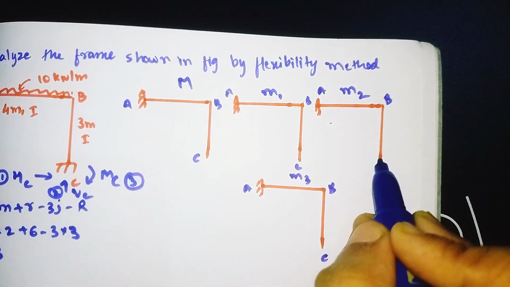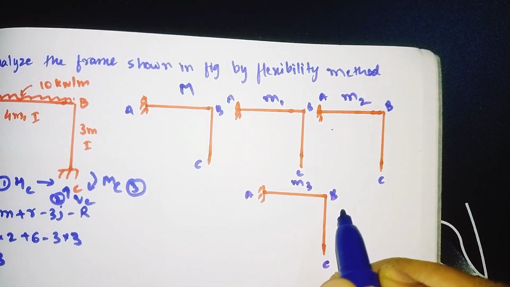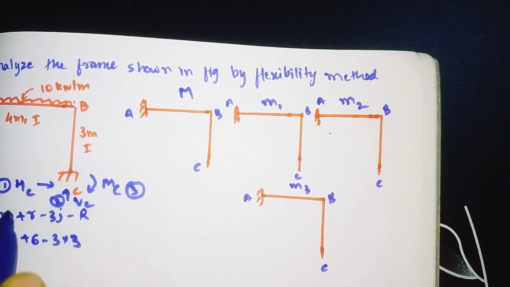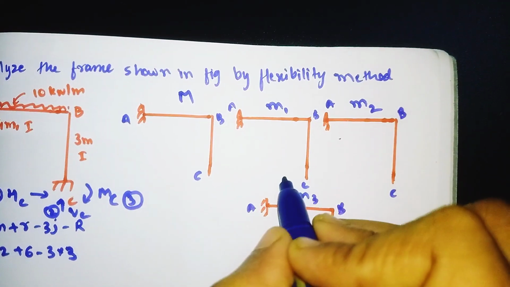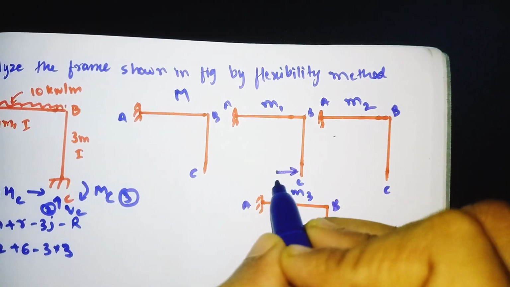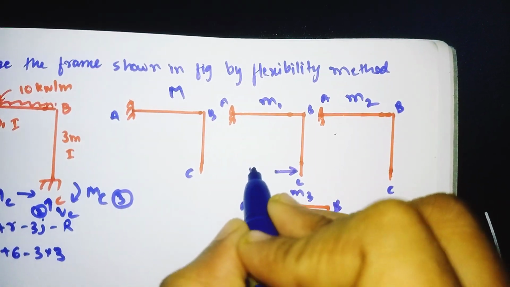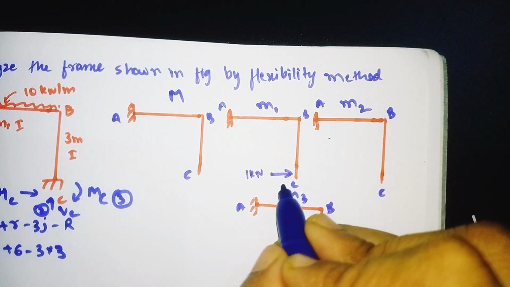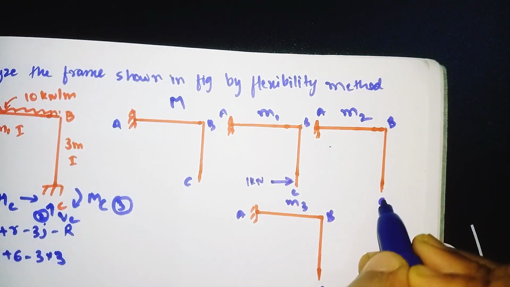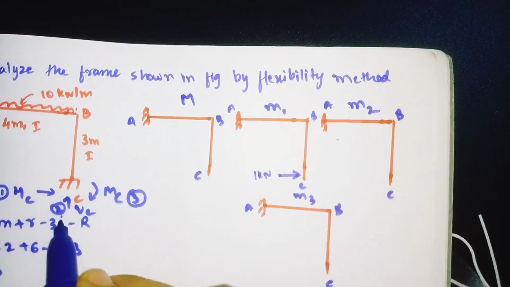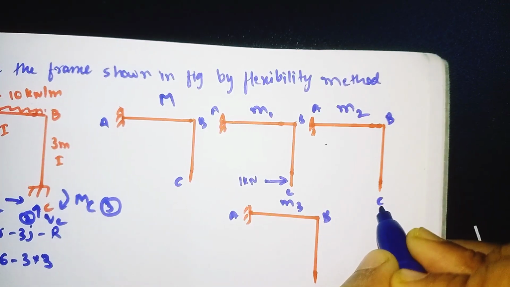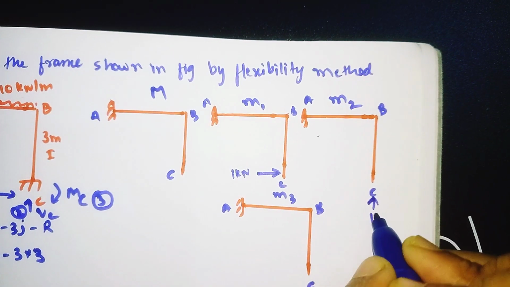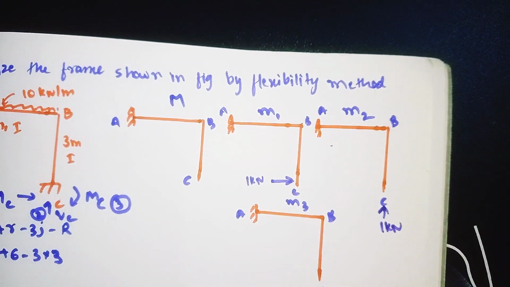In each diagram we apply only one coordinate at a time. Our first coordinate is SC, which is horizontal, and we apply it with an intensity of 1 kilonewton. For M2, coordinate number 2, the vertical one, it also has an intensity of 1 kilonewton.